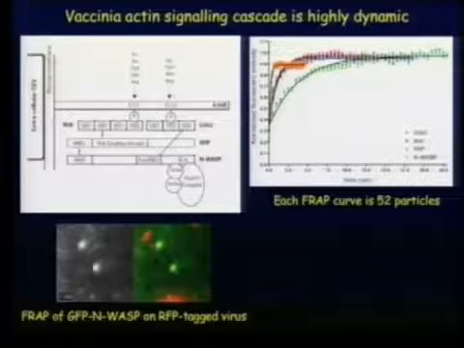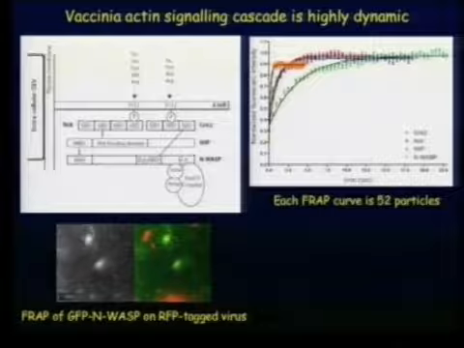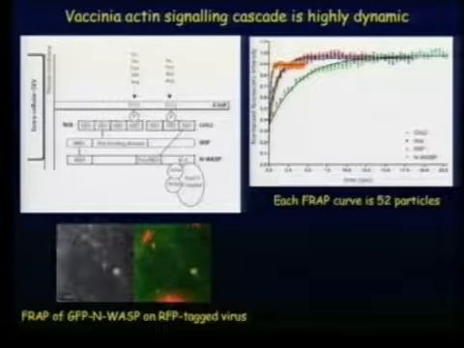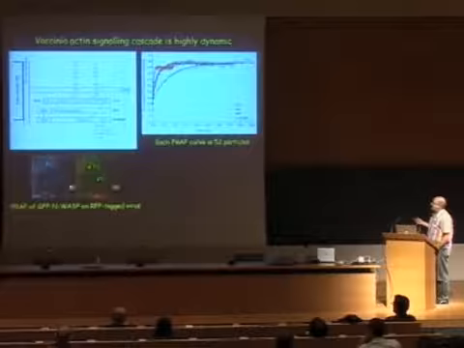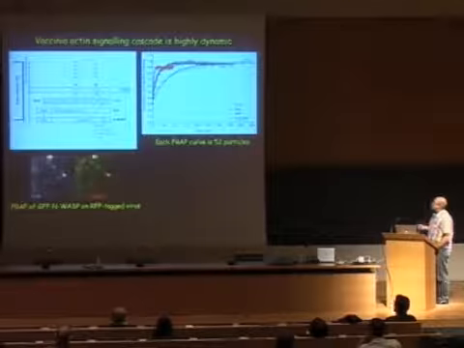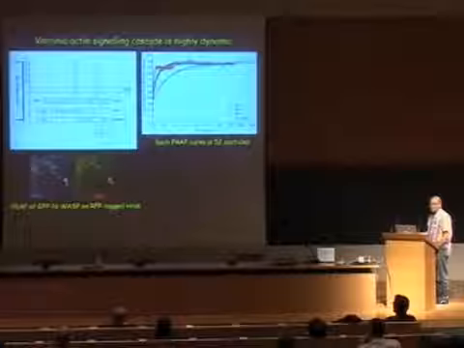So this shows you a typical sort of bleaching image. At the very beginning, you'll see it dims and it gradually comes back. This is GFP N-WASP, and we use an RFP tagged virus so we can know we're looking at a virus particle. And these are the sort of curves that she gets. And immediately it becomes apparent the proteins are not turning over at the same rates. They're all different.